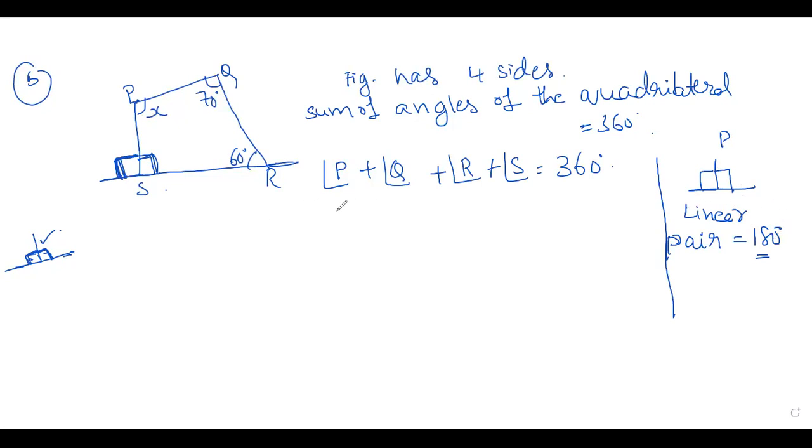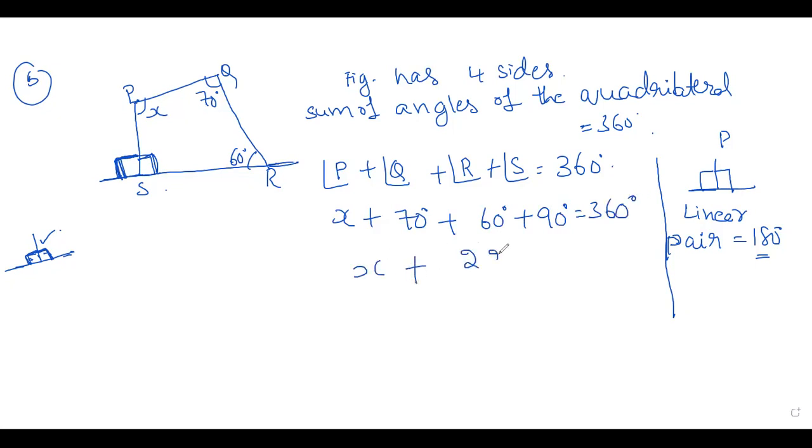So what is P here? It is x. Q is 70 degree, R is 60 degree and S is 90 degree, that is equal to 360. Add all the numbers.